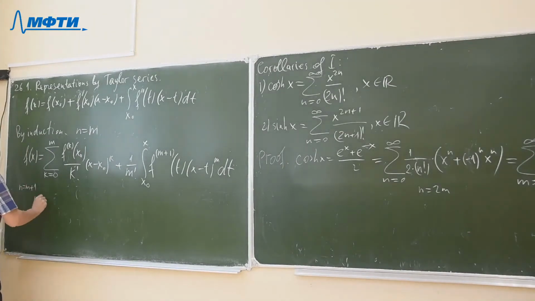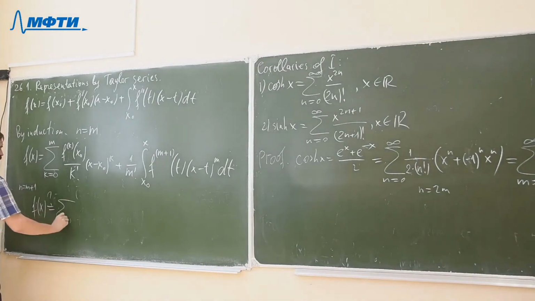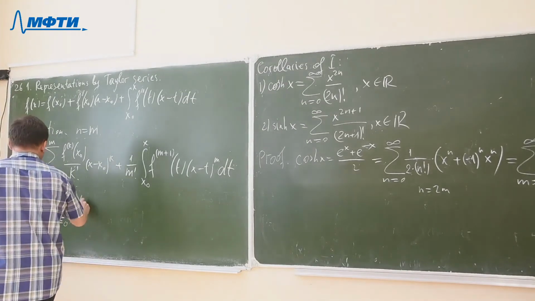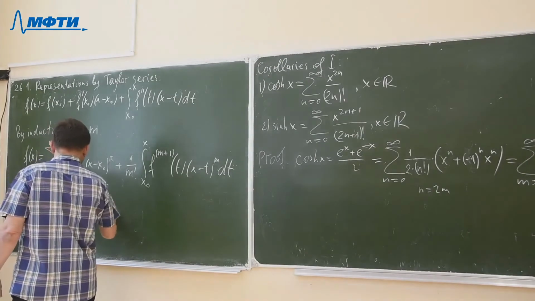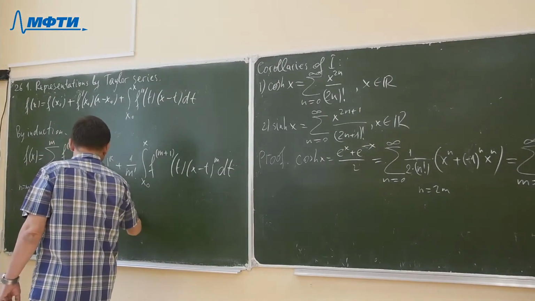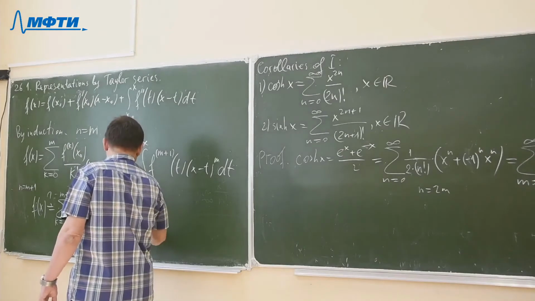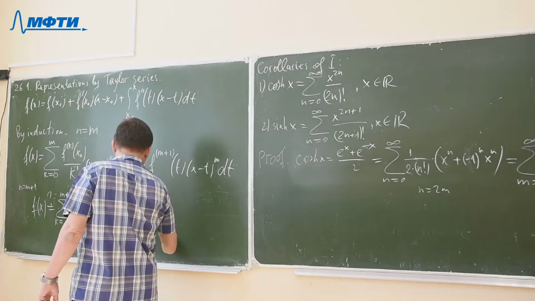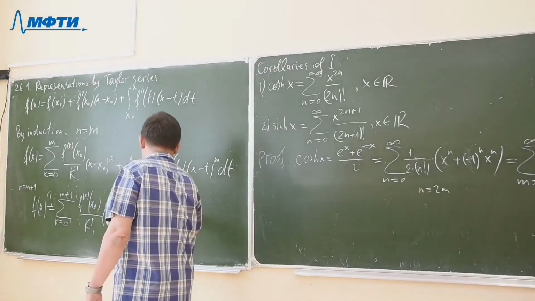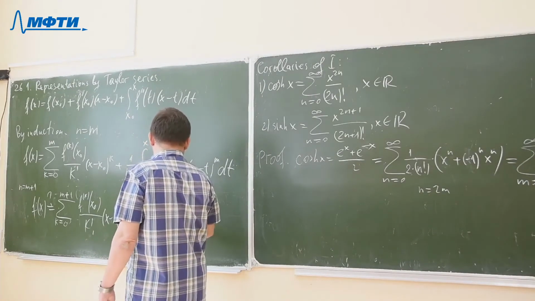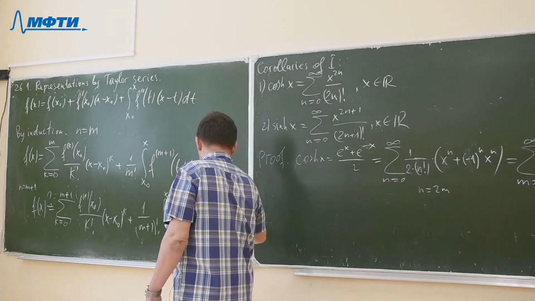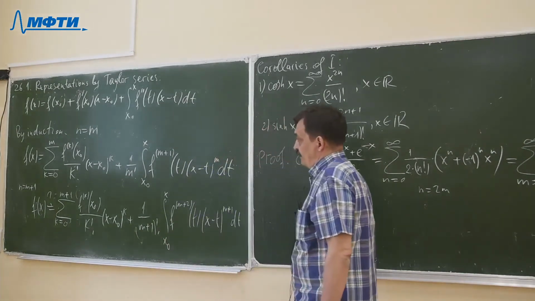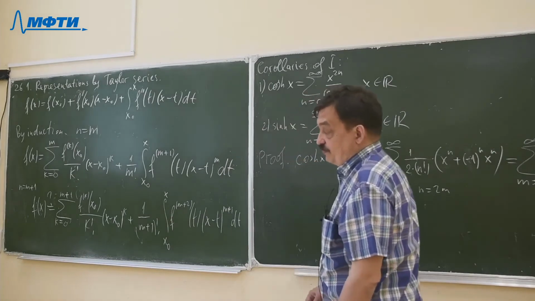So f of x equals, we need to prove it, sum from k equals 0 to m plus 1 of k-th derivative at x naught over k factorial, x minus x naught power k, plus 1 over m plus 1 factorial times integral of f derivative of order m plus 2 times x minus t power m plus 1 dt. So that is what we need to prove.